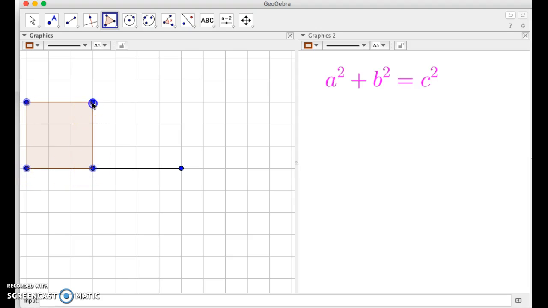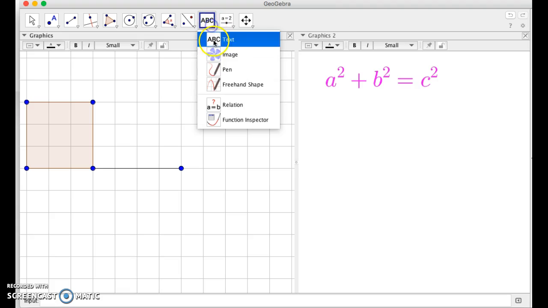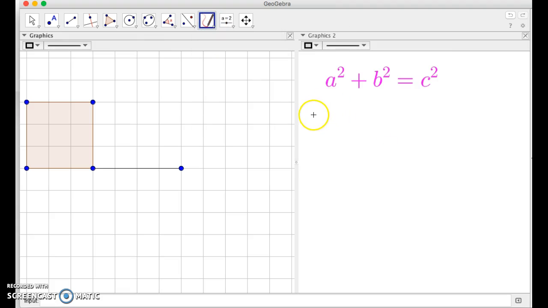Okay. So A was 3 units long, which we knew from before. So we knew that A equals 3 units and B equals 4 units.